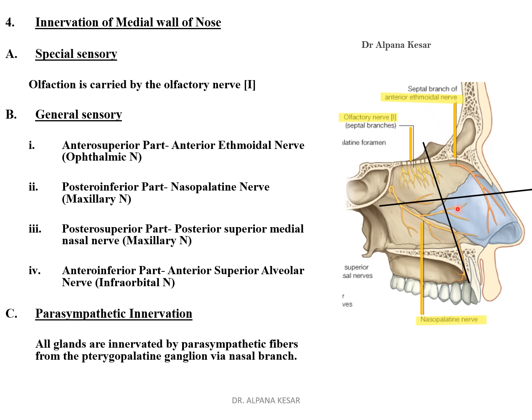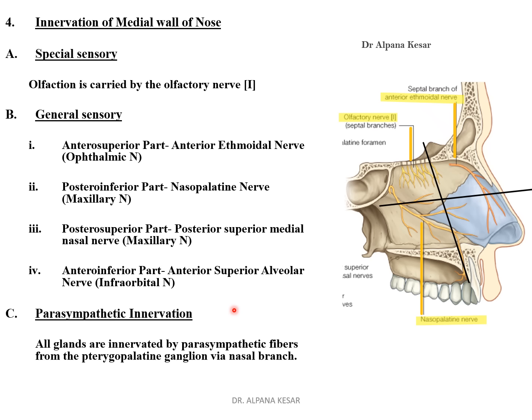The antero-inferior part of the nasal septum is innervated by anterior superior alveolar nerve. Anterior superior alveolar nerve is a branch of infraorbital nerve. It innervates the anterior teeth in the upper jaw, that is the maxillary incisors and canines, and also innervates a small part of the antero-inferior area in the nasal septum.